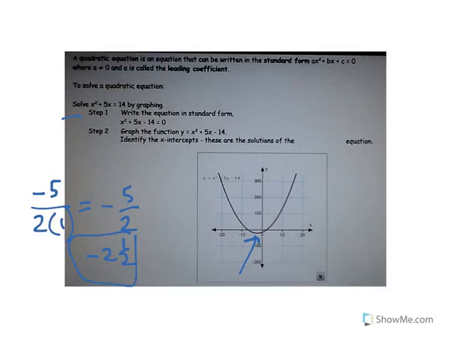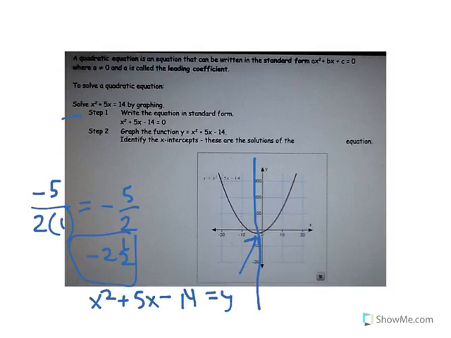If I plug that in and figure out what the point is, that's fine. But I now have my line of symmetry, and now I can go ahead and figure out based on that. I'm now going to just solve this using the roots, where I'm going to go ahead and go x squared plus 5x minus 14.